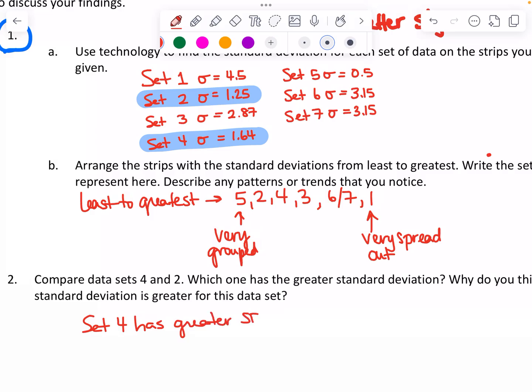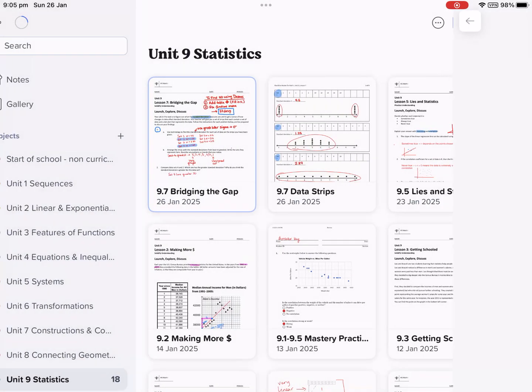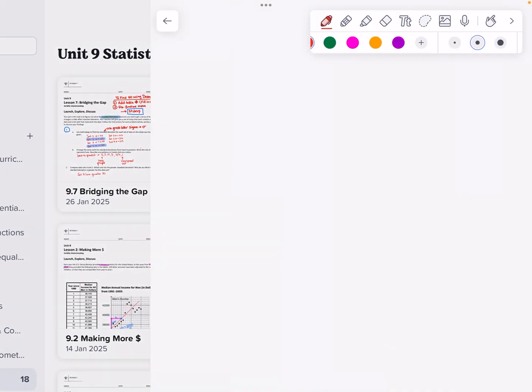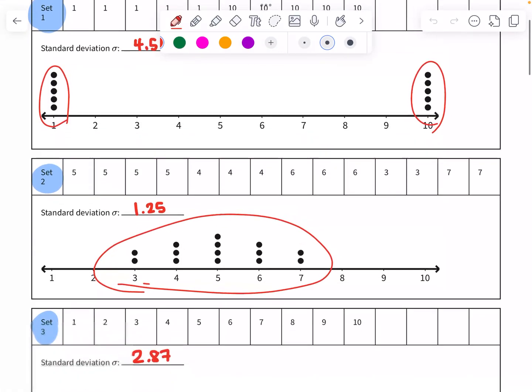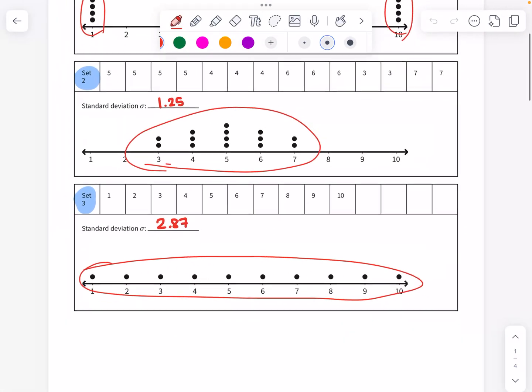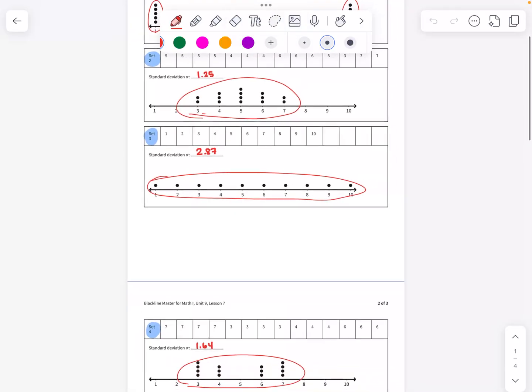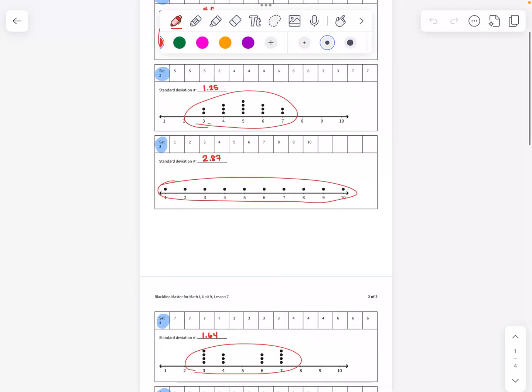I want to actually go look at 4 and 2 to determine why. So here is 2. Let's try to get 4 and 2 on the same page. I'm going to zoom out. Here's 4 and 2. So 4 has the greater standard deviation. I think it's because it has a gap in the data in the middle there. And kind of, what's that shape called? So I said 2 was symmetric.